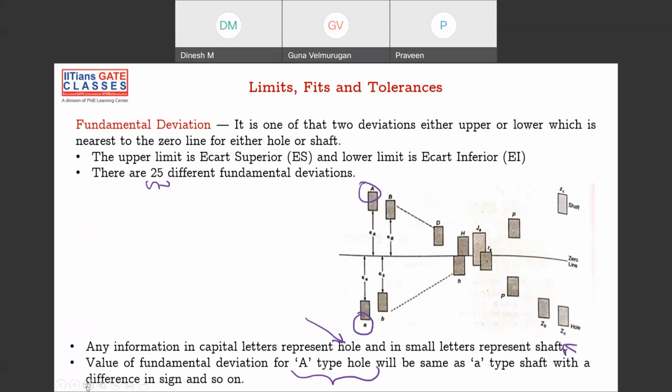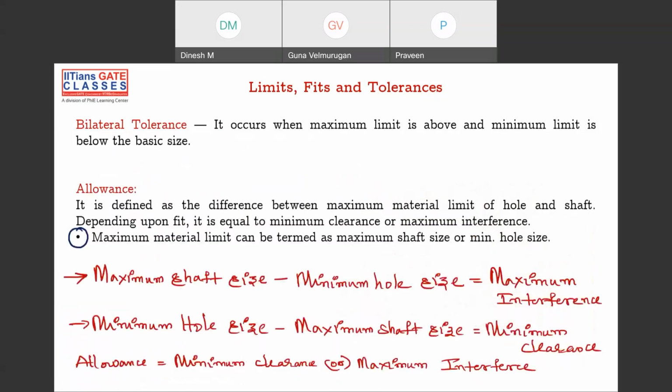Now, bilateral tolerance, I told you, is where the maximum limit is above and the minimum limit is below, right? And allowance, I told you already, is a difference. So you should understand the maximum material limit.